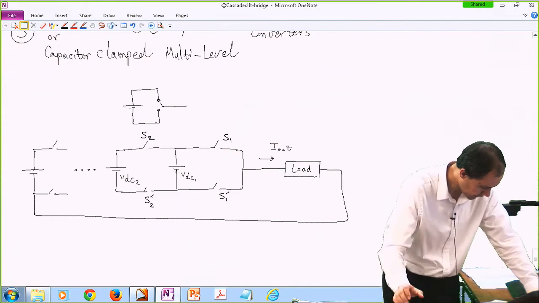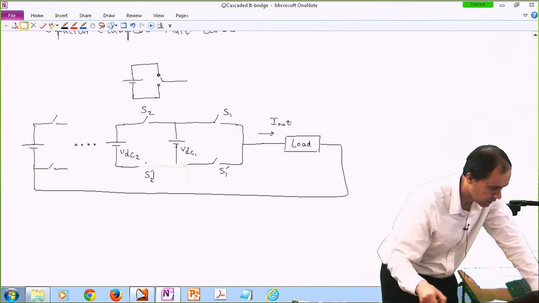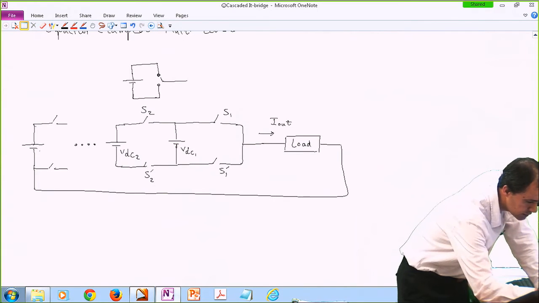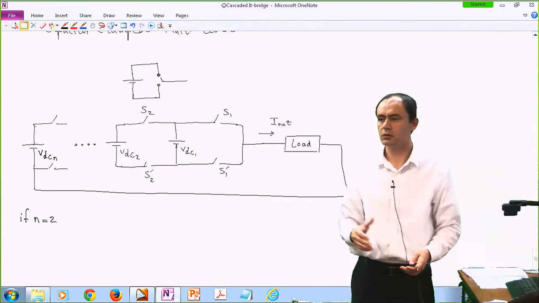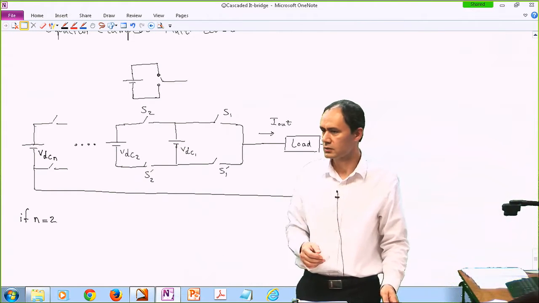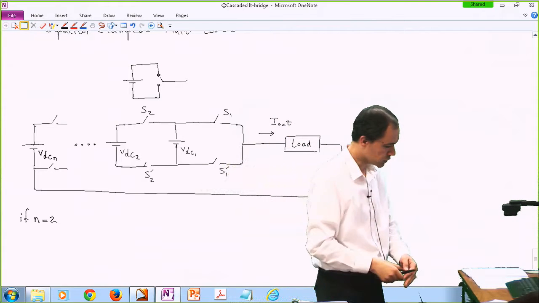I call this VDCN. If n is 2, we only have two independent sources and four switches, S1, S1 prime, S2, S2 prime.